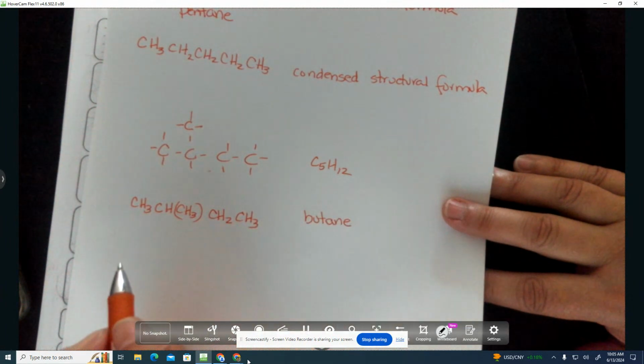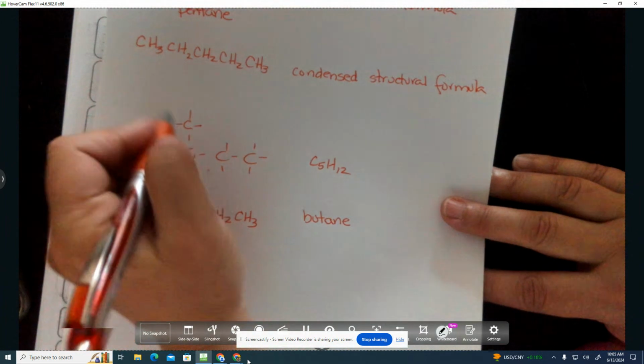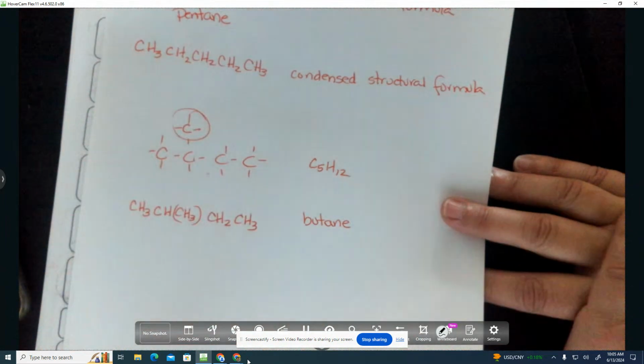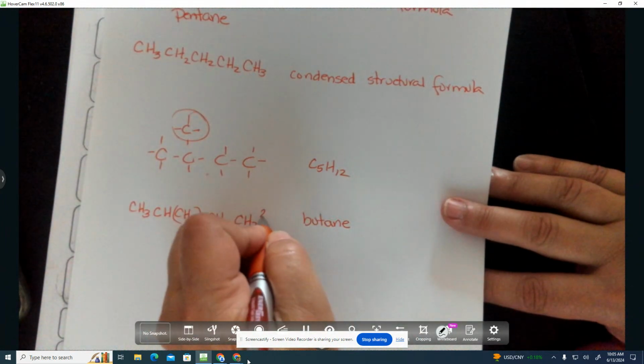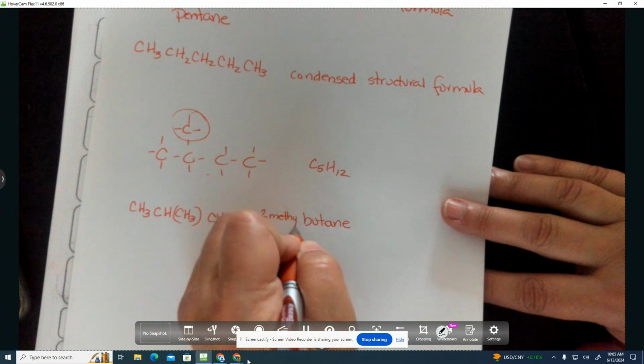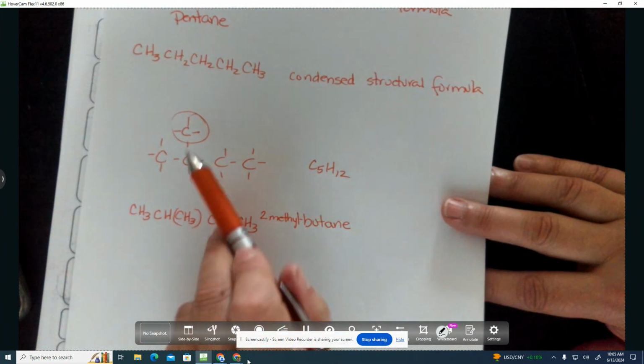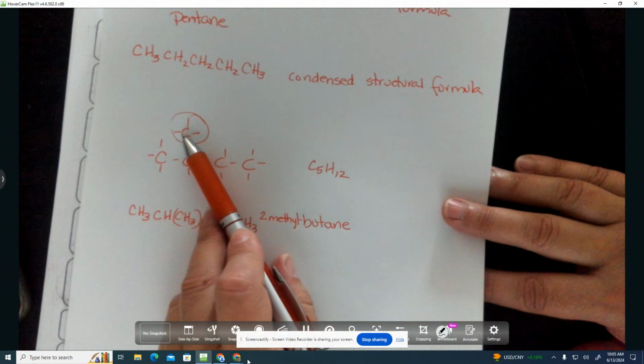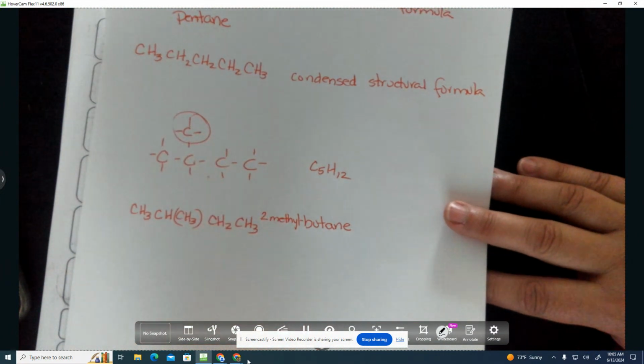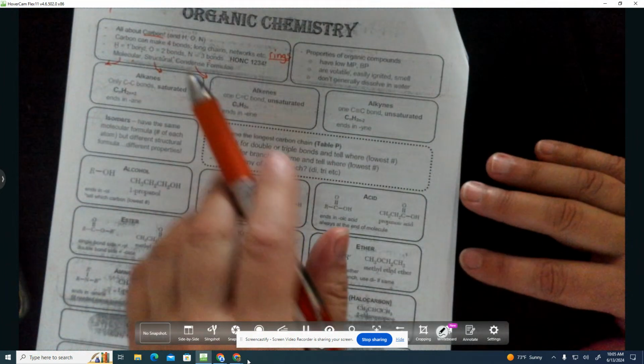All single bonds, so ane. But it's got a baby hanging off of carbon number 2. So it's 2-methyl butane. How do we know if it's methyl? Methyl has 1 carbon, ethyl will have 2 carbons, propyl will have 3 carbons. Okay? I'm sure that's down here somewhere.